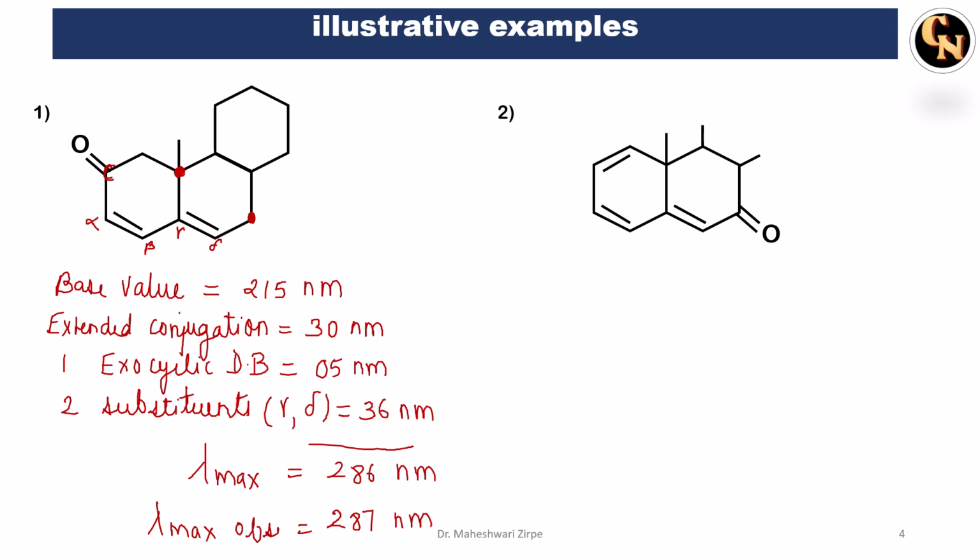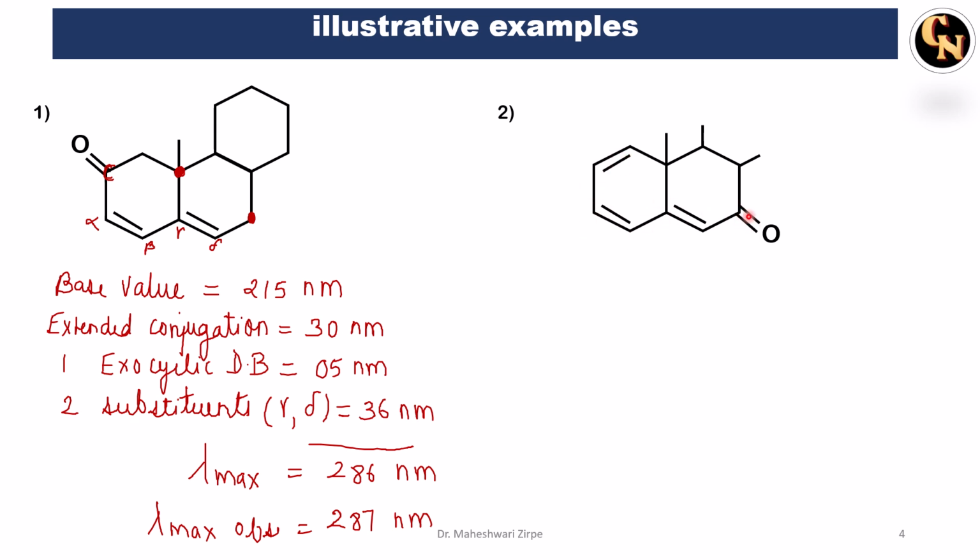Okay, the second enone system, if you see, there is an enone system. In this enone system you can find the carbonyl group C double bond O, as you can see here. In conjugation to it there is a double bond, then there is one more double bond, and this conjugation has been extended.